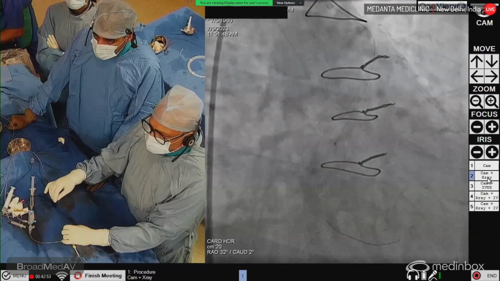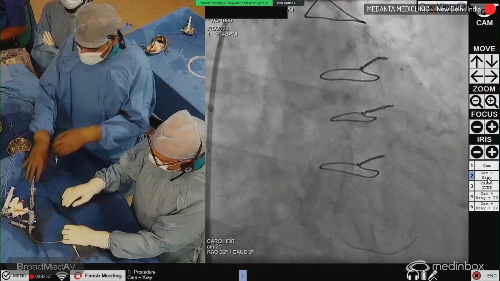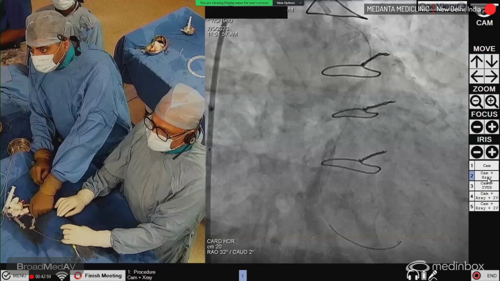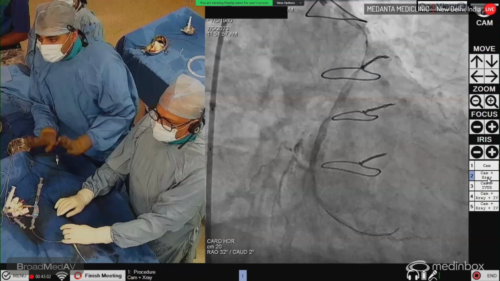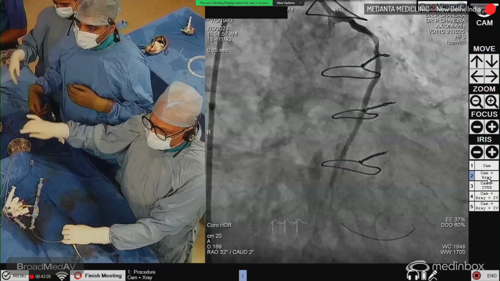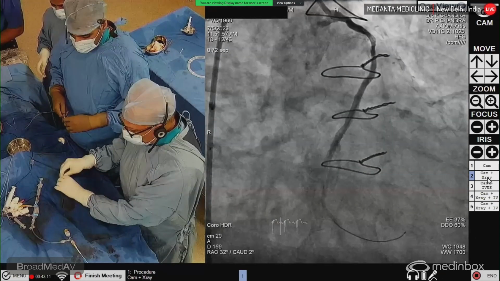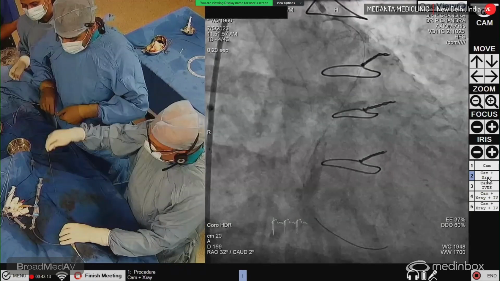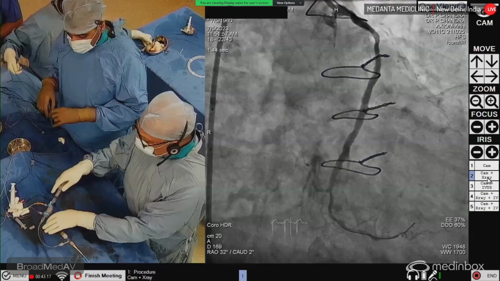Okay. So again, that looks beautiful. The flow is good, and the lumen also looks very decent. So we are fine. And we can give some Nicorandil at this stage.